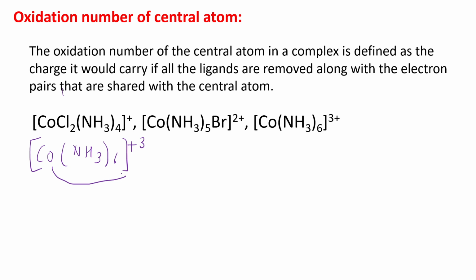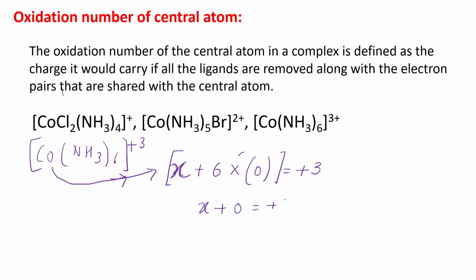So let's say cobalt has oxidation state of plus 3, cobalt has a plus 3 charge plus X charge. Okay. How many molecules of ammonia are there? 6. 6 into what is the charge on ammonia? 0. It is a neutral molecule. No other ligand is present. Overall charge is plus 3. X plus 0 gives plus 3. So X is equal to plus 3. That means cobalt over here has plus 3 charge.